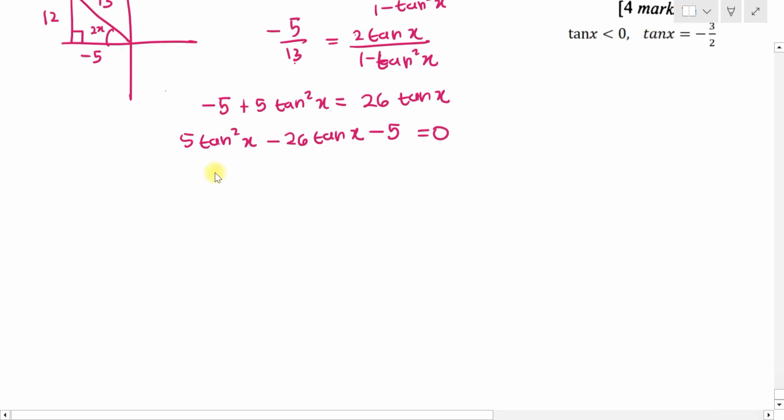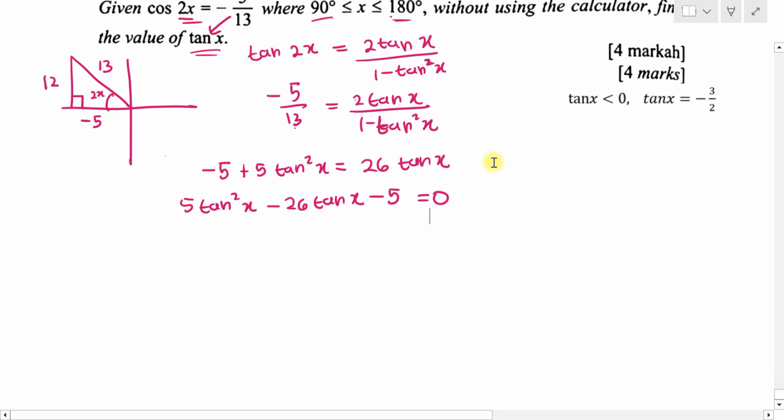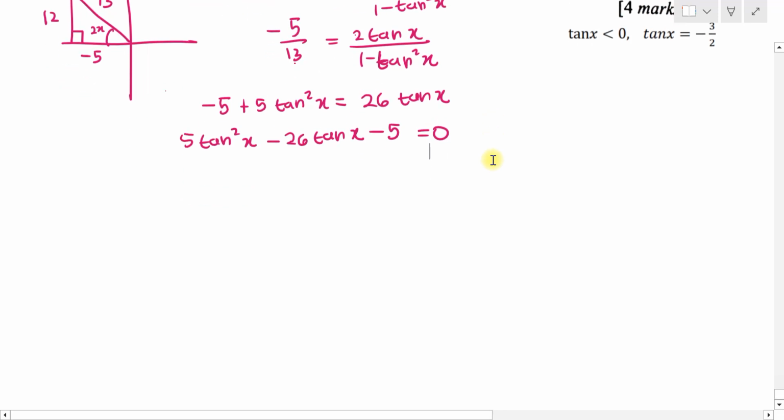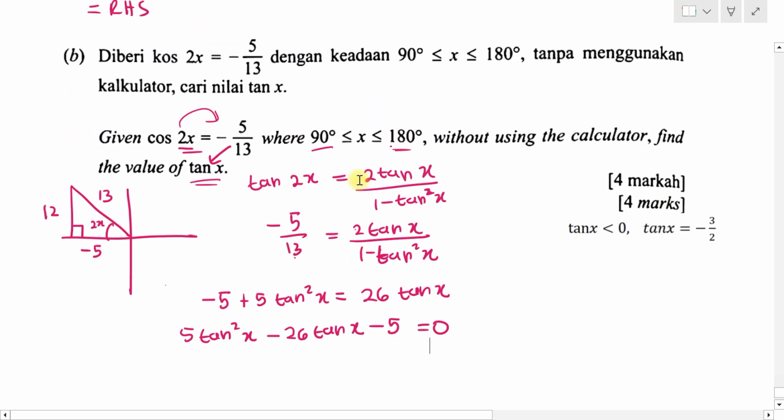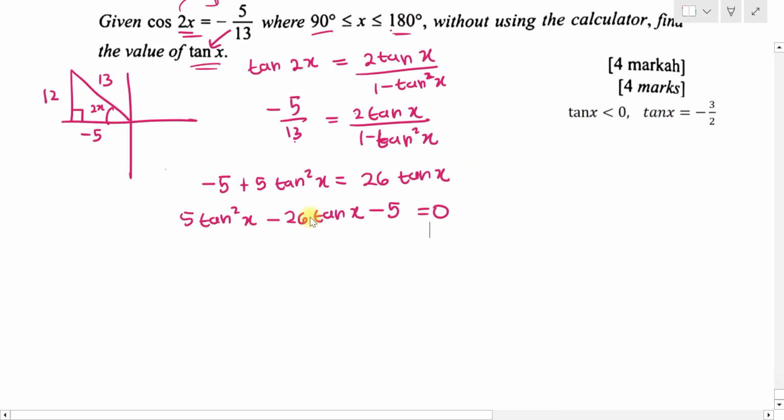Dari segitiga dia jadi solving equation pula. Okay, we try. So I put in calculator and see can factorize or not. 5, negative 26 and negative 5. Not exactly what I want to get. Let me see, maybe I did some mistakes here.